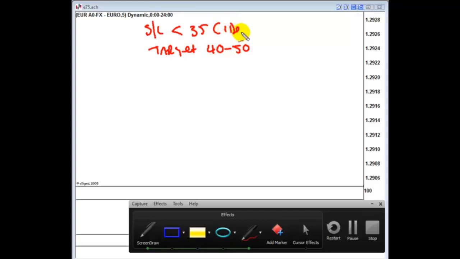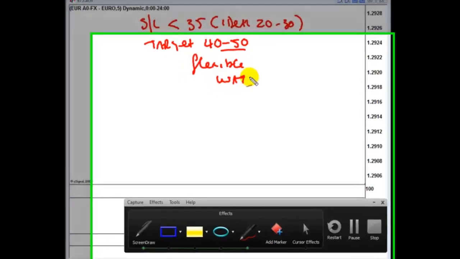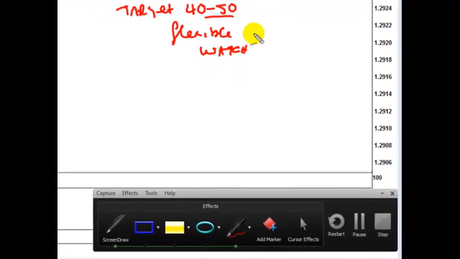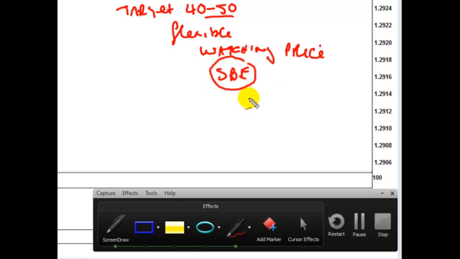Remember, that target's flexible, and we're going to be watching price action, as well as looking at the obstructions such as the opposite side Bollinger Band and the longer term trend line. We're also going to be using things like moving stops to break even, SPE, that means stops to break even, and we're going to also be using stuff such as trailing stops.